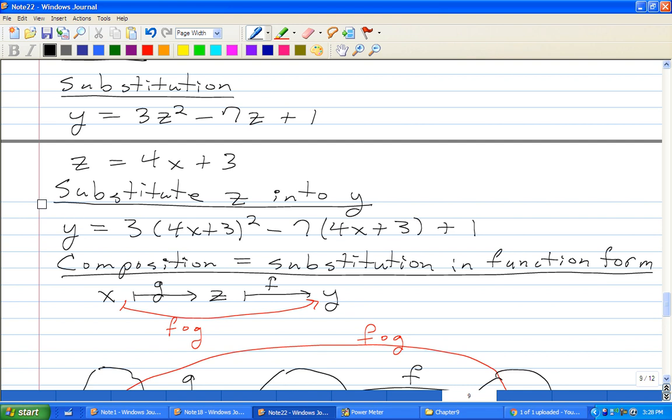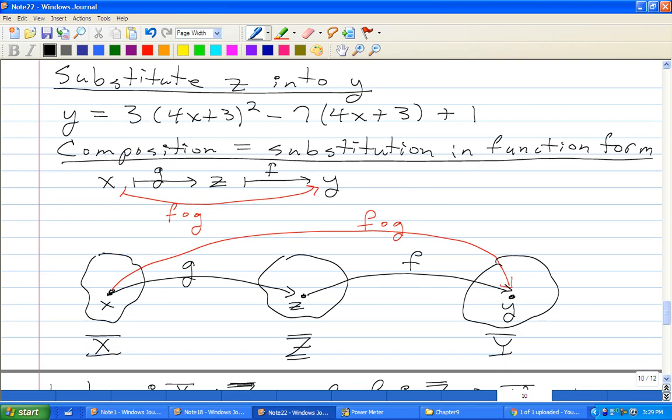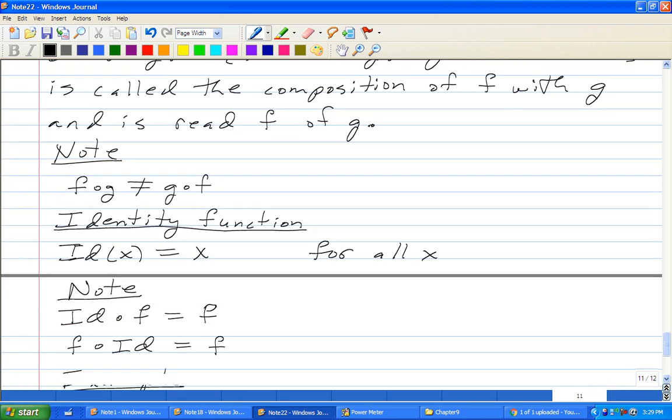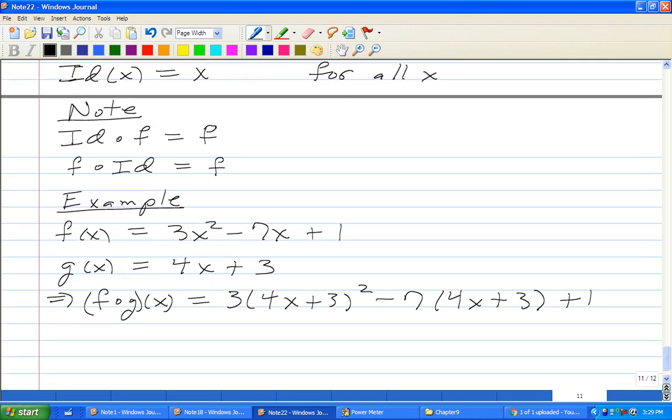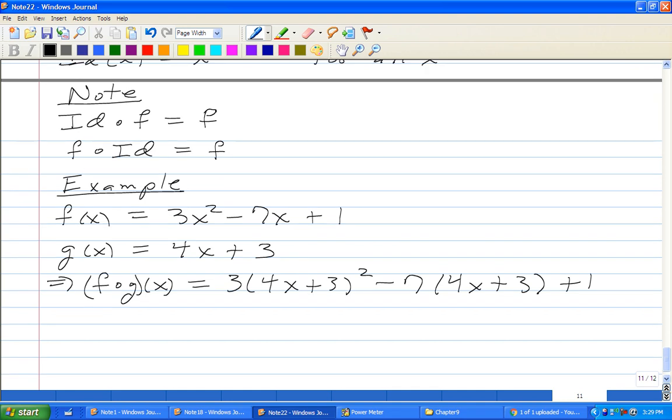Then I said that the composition of f and g is 3 times the quantity 4x plus 3 squared minus 7 times the quantity 4x plus 3 plus 1. And so if I just wrote each of these in functional form, I get back the exact same answer. And so indeed, composition is just substitution. This is just a very fancy way of saying substitute.